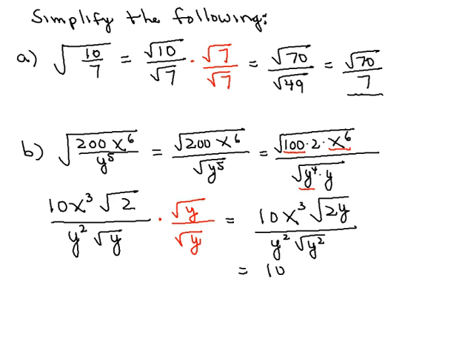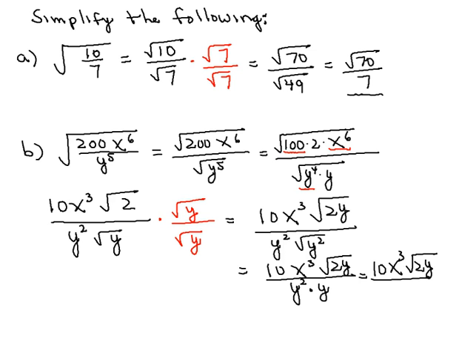So we have 10x to the 3rd times the square root of 2y all over y squared times y. And so our final answer then will be 10x to the 3rd times the square root of 2y divided by y to the 3rd.